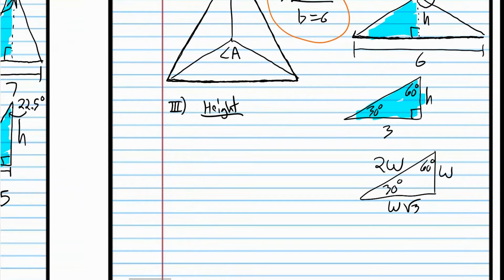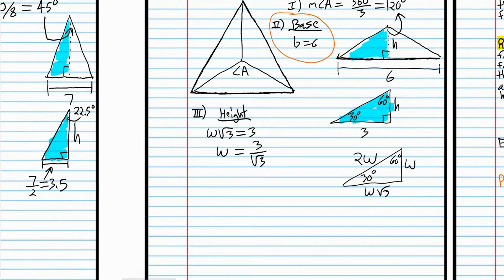So the opposite side of 60 is 3, so that means that W root 3 is equal to 3. We have to divide both sides by root 3. We get 3 over root 3, and I'm not going to make you rationalize that. So that is W, and W is the height. So putting a little divider there, the height is equal to W, which is equal to 3 over root 3.